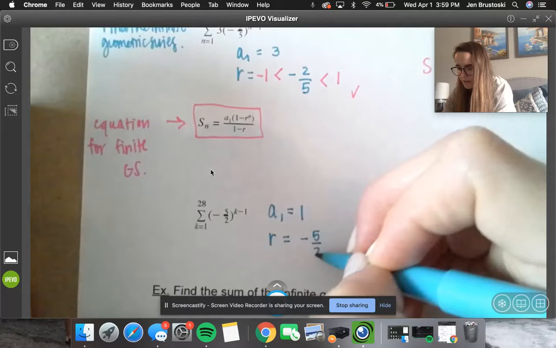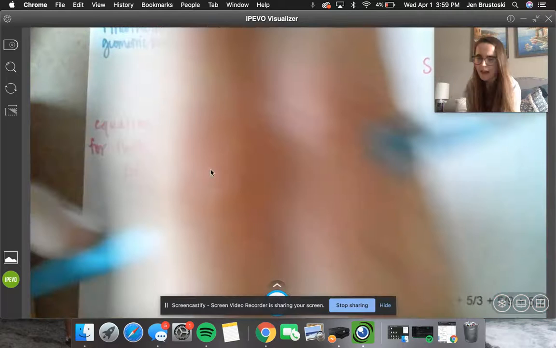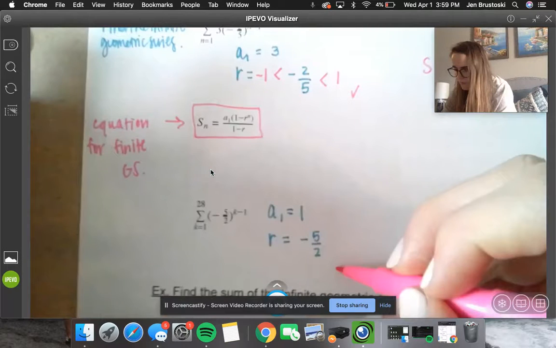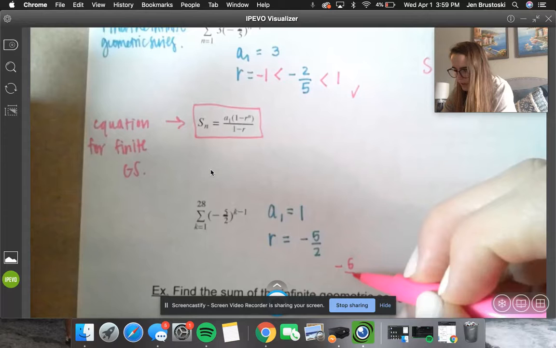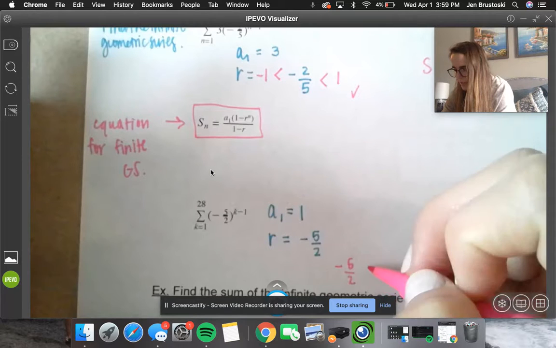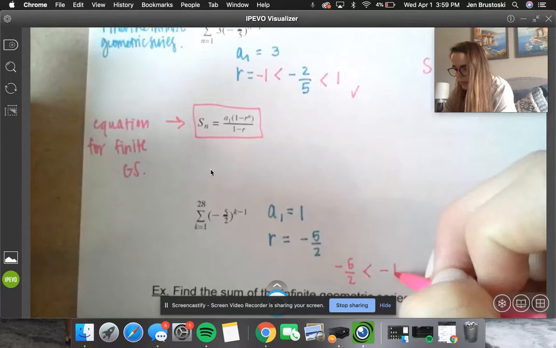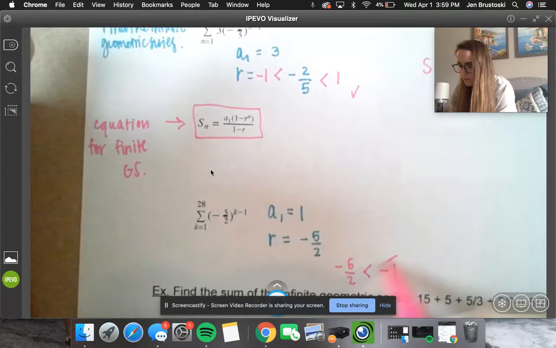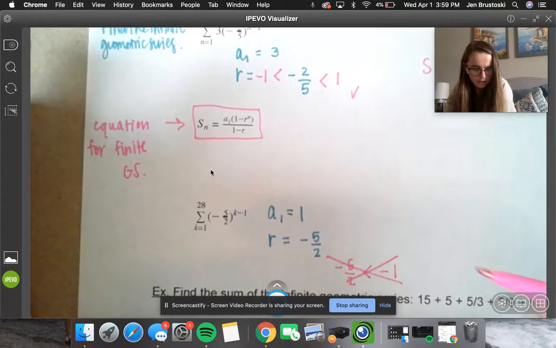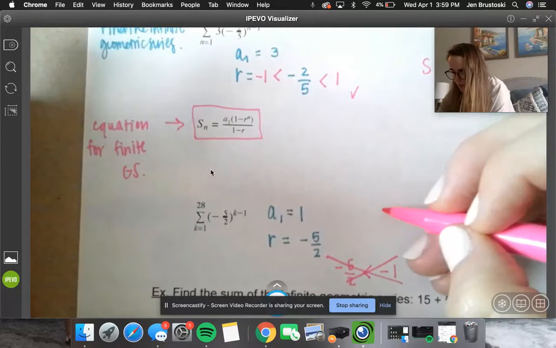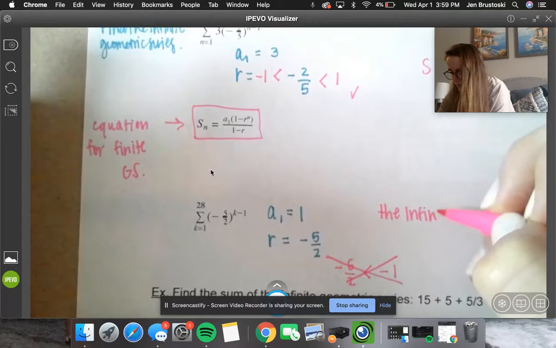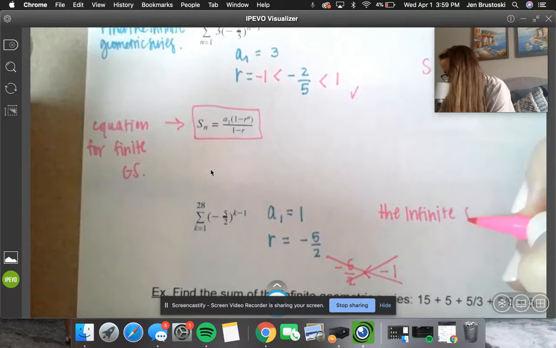However, -5/2 is less than -1. So we can't have that. So we have that the infinite sum does not exist.